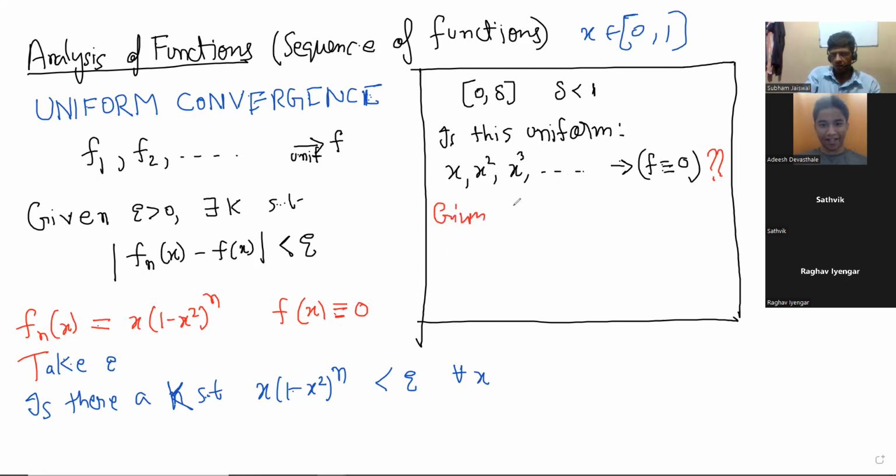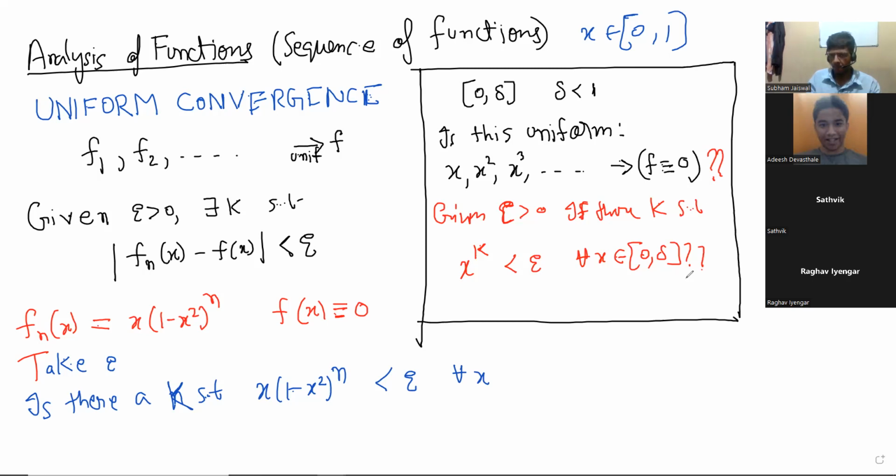Given epsilon greater than 0, is there a k such that, well, let's write x to the k, less than epsilon for all x in the domain? Can we manage this? Can we say there is a k so that this is less than epsilon for all x in our new given domain?